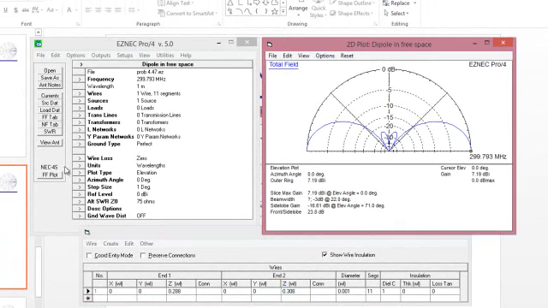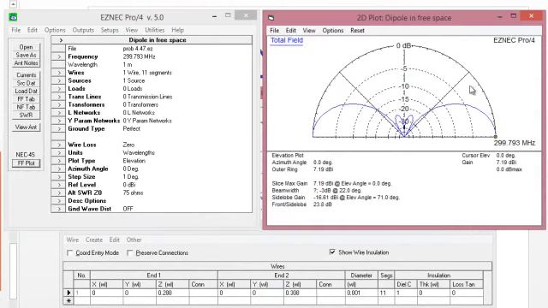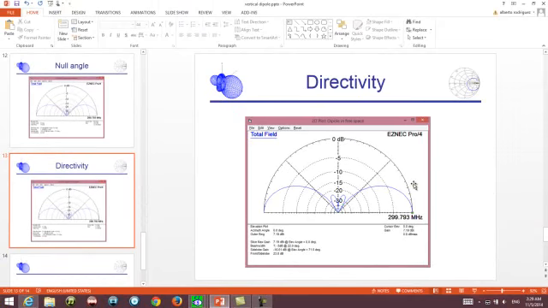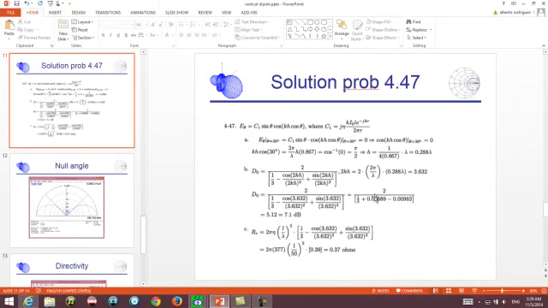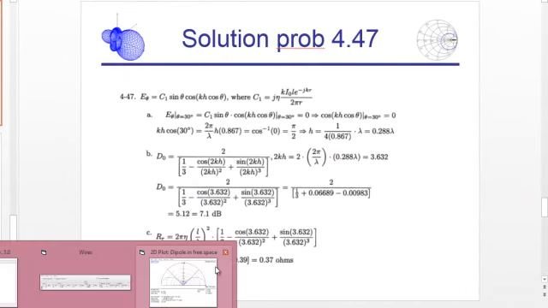So if I run this, I'm going to end up with this kind of plot. To prove the concept, we'll end up with a directivity of 7.19, which matches the equation right here, 7.1 in dB, which is 5.12 dimensionless.